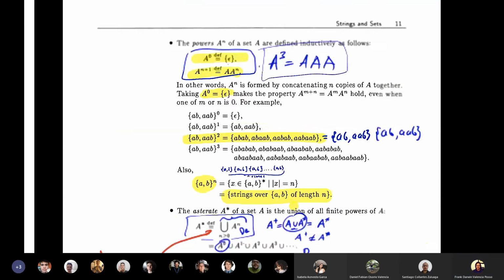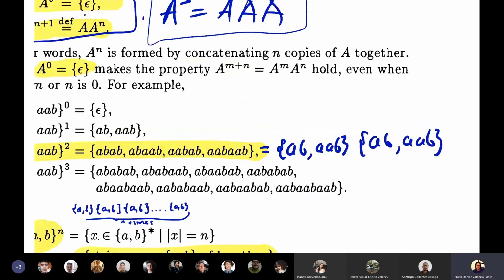Because this is the same as AB, AAB concatenated with AB, AAB. So you have ABAB, ABAAB, then AABAB, and AABAAB. So that's it there.